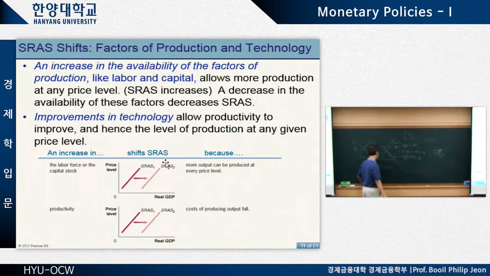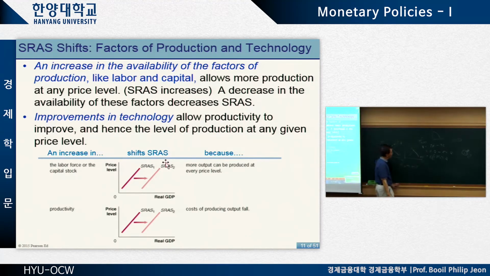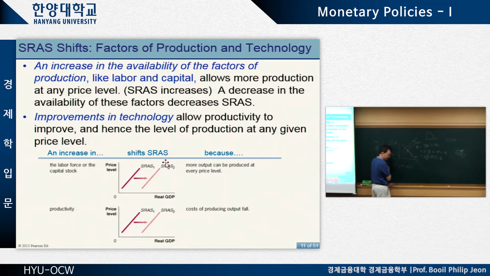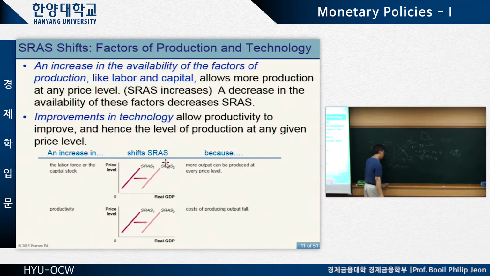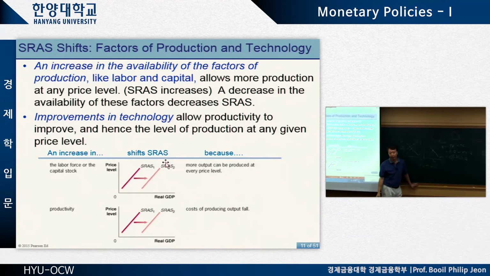So ultimately, there will be what we call potential GDP, potential output. You remember the concept of potential GDP. That's the level of output when the economy is at full employment.